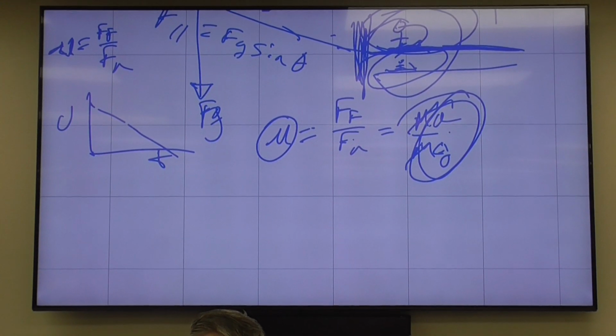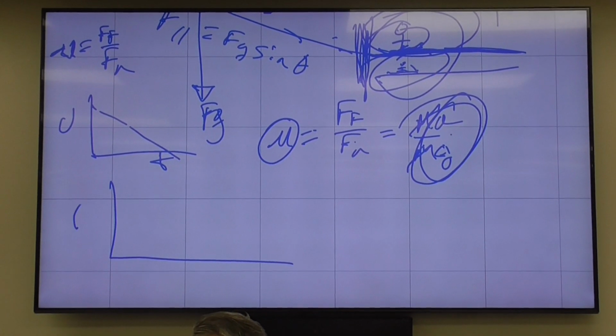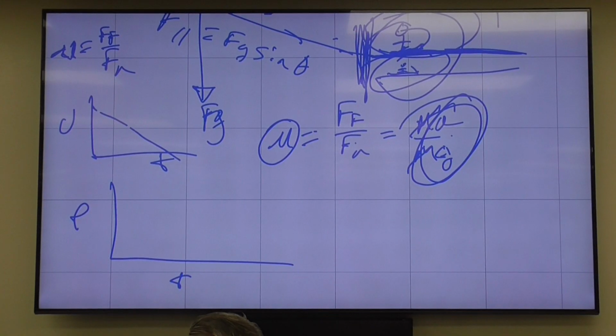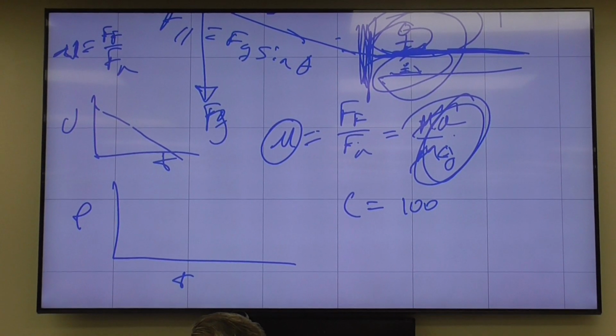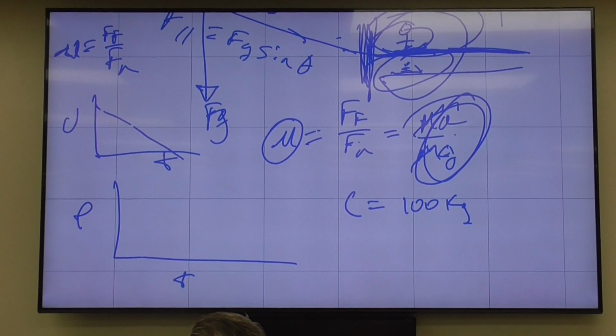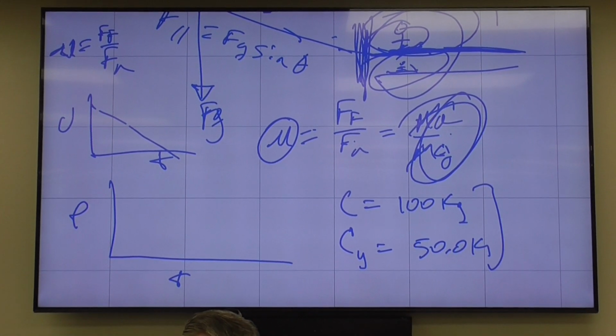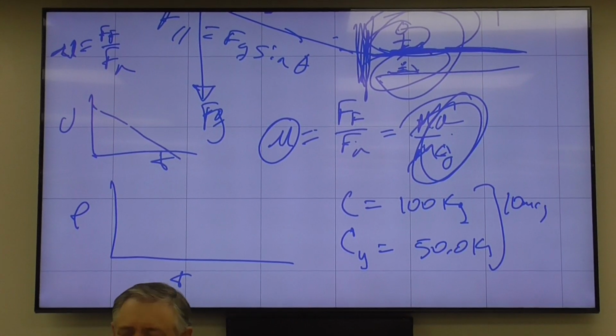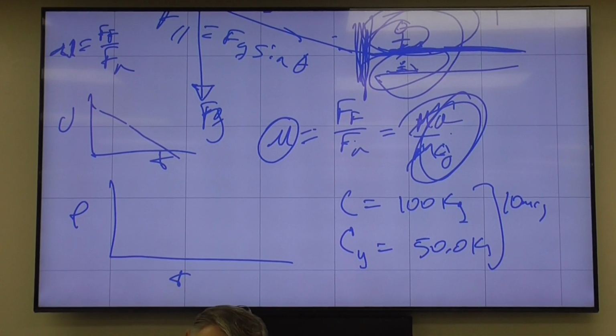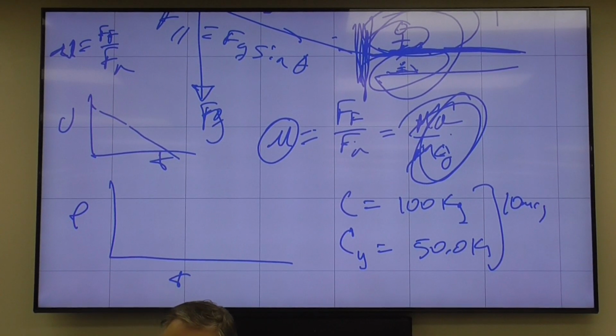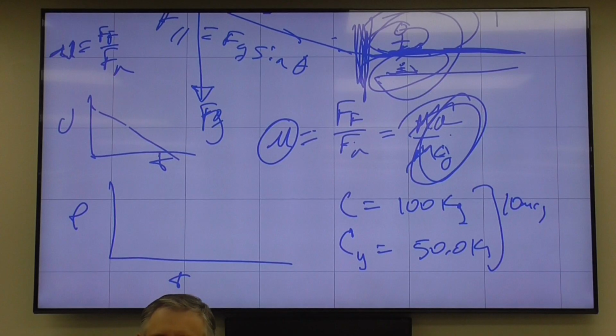Now, let's talk momentum time graph. Let's say Colin has a mass of, to make the math easy, 100 kilograms, and Colin the younger has a mass of 50 kilograms. They're both moving at 10 meters per second when they hit the horizontal portion of the slope.